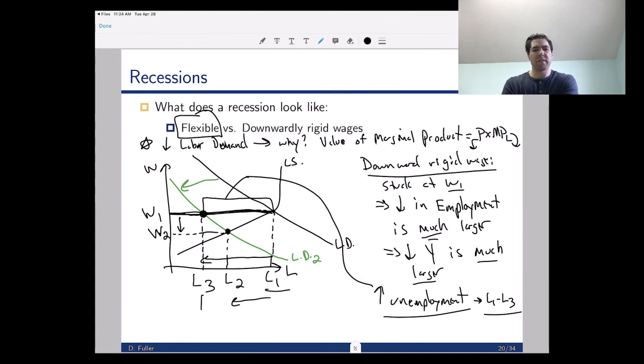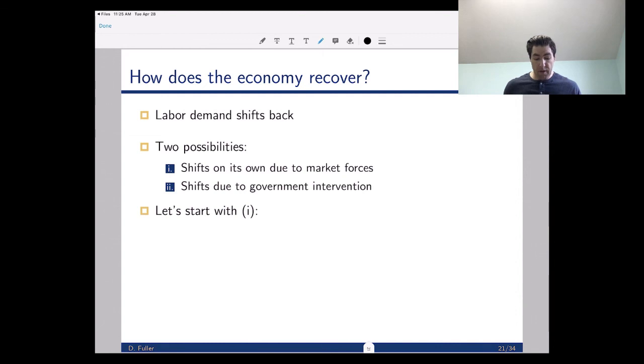There are lots of theories like that for why the wage is downwardly rigid, but it does appear to be the case. Firms tend to go towards layoffs as opposed to reducing wages in response to these downturns. That's exactly what we see happening here, and we can see how that rigid wage is going to make the recession worse: a bigger decrease in employment, a bigger decrease in GDP, and thus an increase in unemployment of the involuntary type. What we're going to do in the next video is look at how the economy recovers.